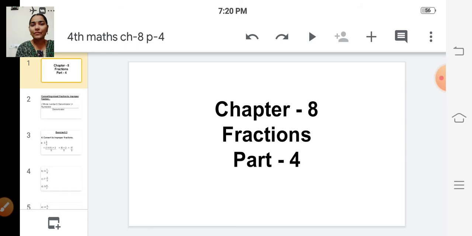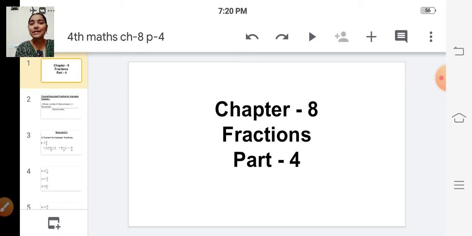In the previous class, we have learned the types of fractions, isn't it? What are they? Proper fraction, improper fraction, mixed fraction, unit fraction. What is proper? If the numerator is less than denominator, then it is called proper fraction. What is improper fraction?